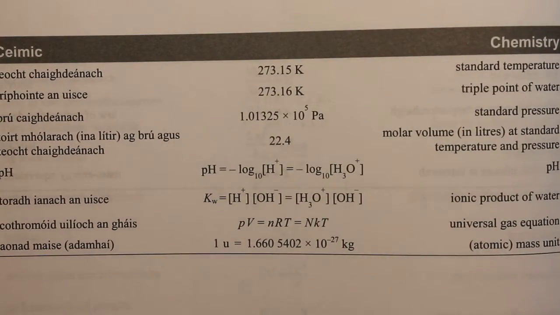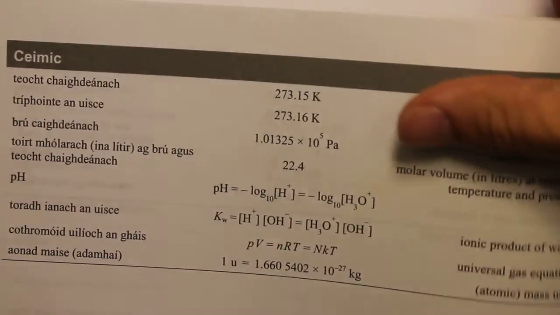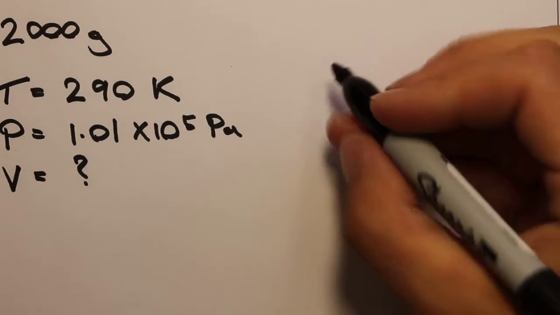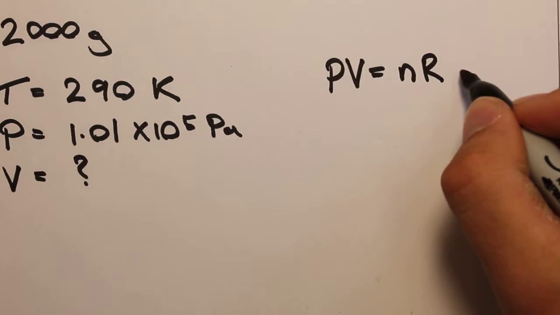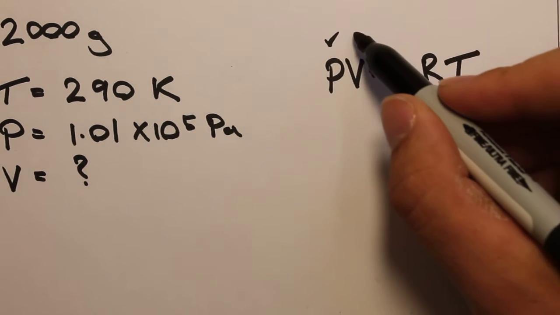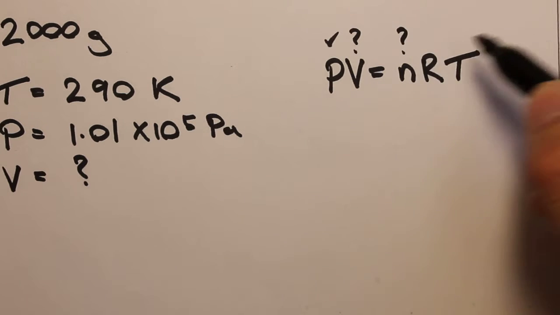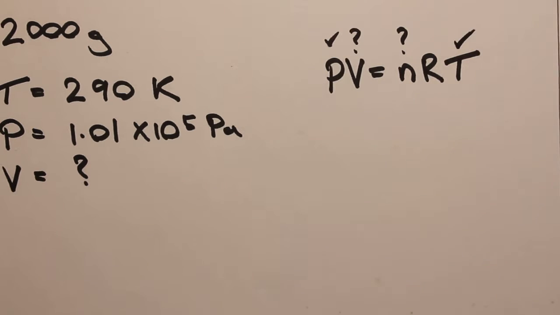So it seems like we haven't got a huge amount for our gas equation. But we will in fact be using PV is equal to nRT from our formula and tables booklet. We have pressure, we're looking for volume, we don't have n, we'll be given R, and we have temperature.